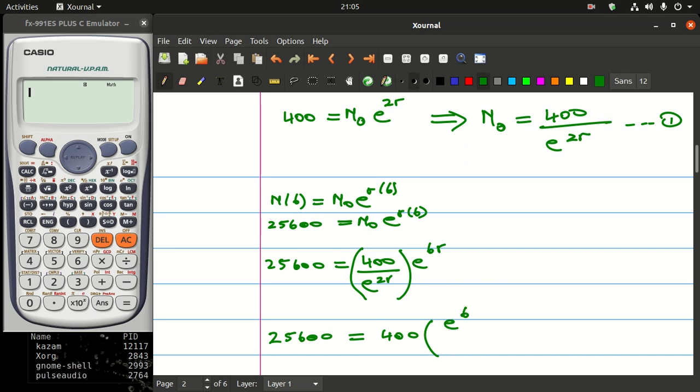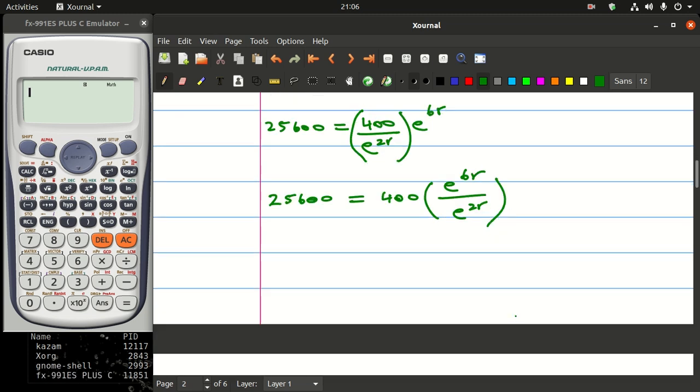So we'll have e^6r all over e^2r. Whenever you're dividing powers of the same base, you subtract exponents. So 25,600 is equal to 400 e raised to 6r minus 2r, and 6r minus 2r is going to be 4r.